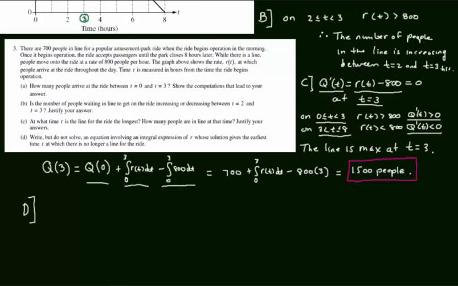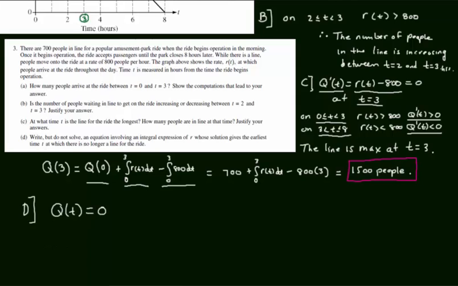Finally, part D, write but do not solve an equation involving an integral expression of r whose solution gives the earliest time at which there is no longer a line for the ride. So we want to find when Q of t equals 0.